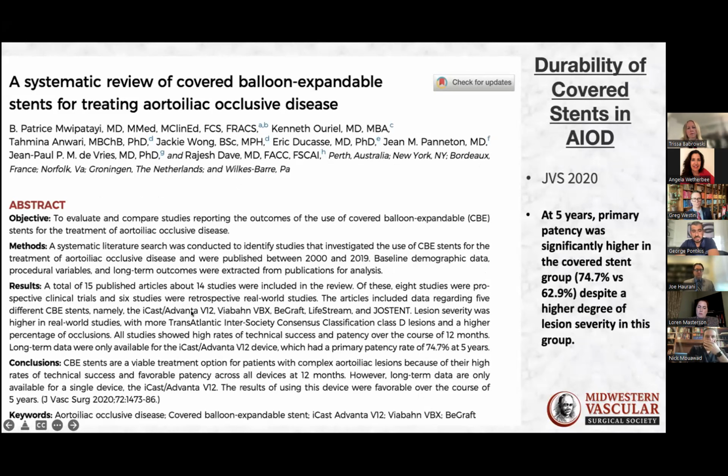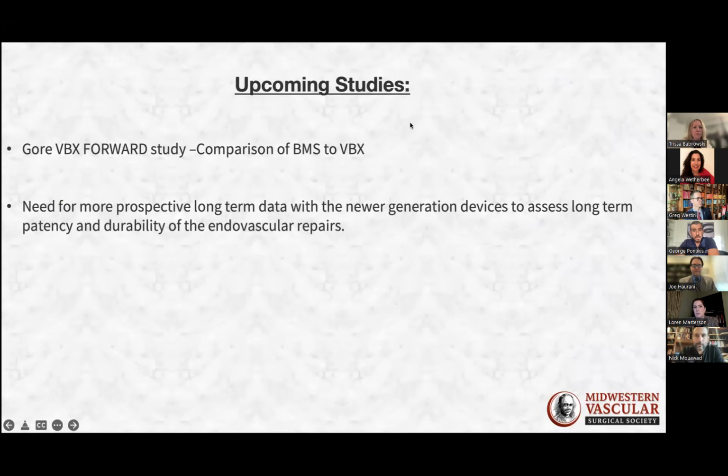With iCast being the oldest, it was studied the longest, with 5-year patency rates of up to 75% primary patency and secondary patency up to 95%. So pretty amazing evolution, if you will, to be able to treat TASC C and D lesions with these minimally invasive techniques.